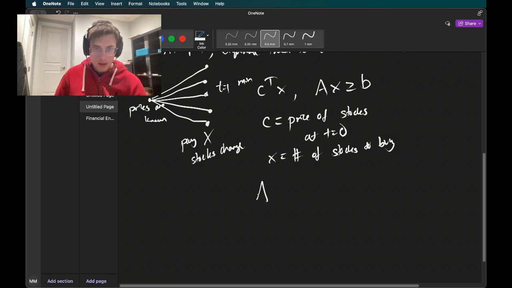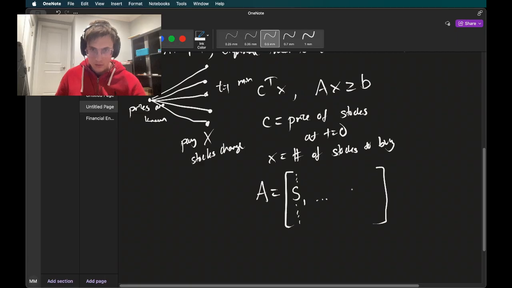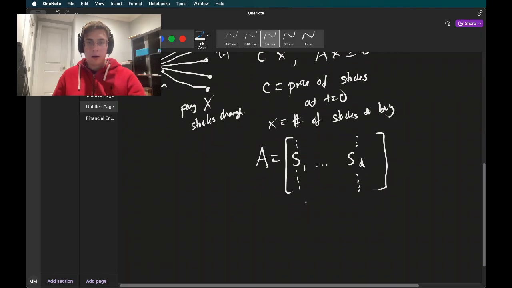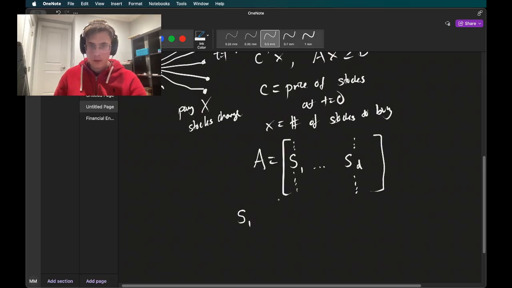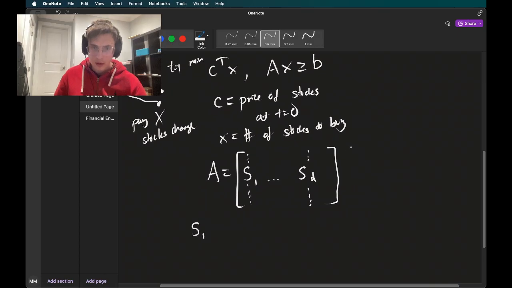And then A will be a matrix like this, S1. Each of these S's is a row, probably up to S_D, where S1 is, let's see, we're multiplying it by x here.